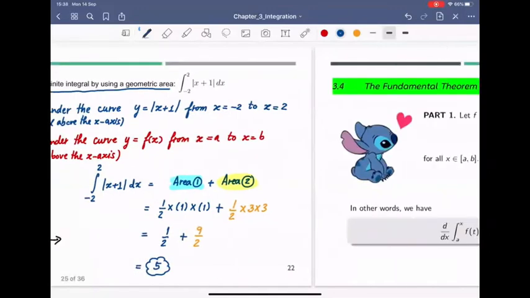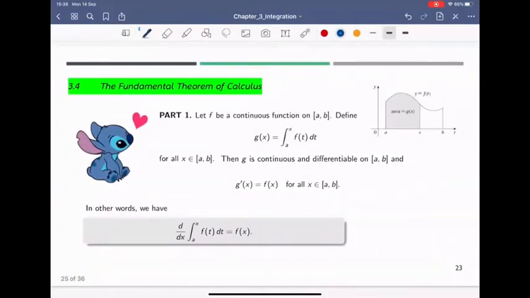So we are going to look at the next topic. This is the important one, the fundamental theorem of calculus. We have two parts, part 1 and part 2.